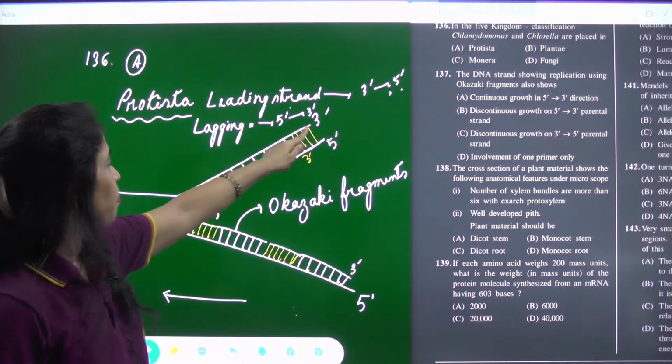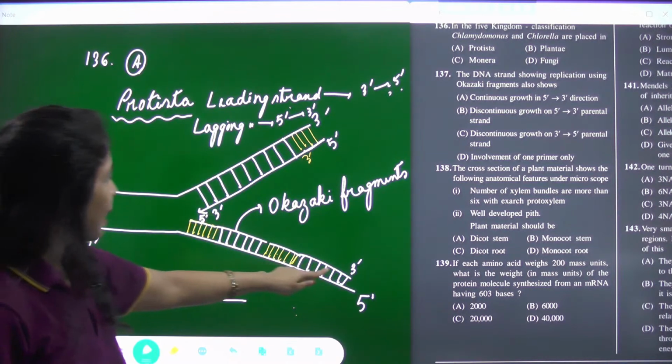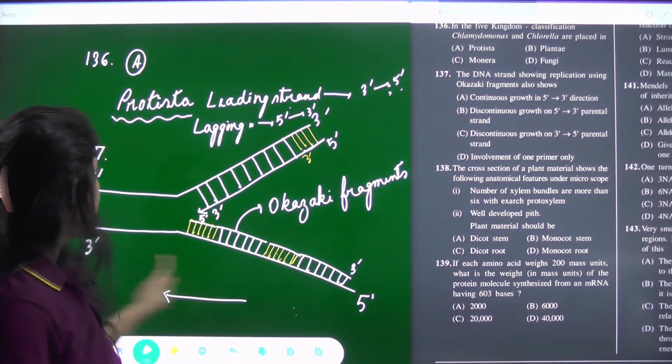Leading strand is this, template is 3 prime 5 prime. Lagging strand is this, template is 5 prime 3 prime.